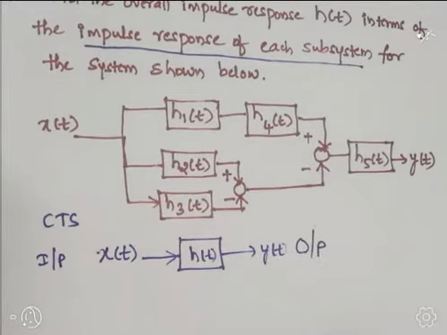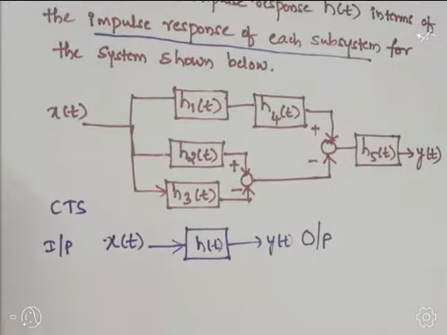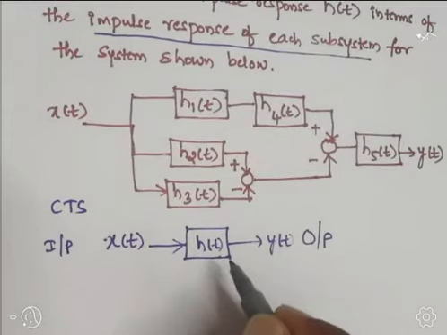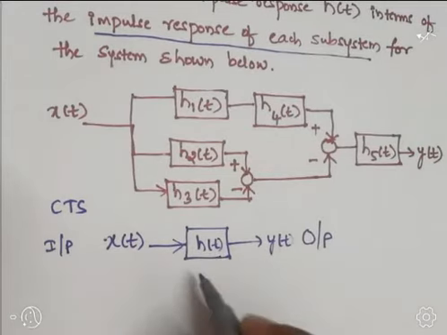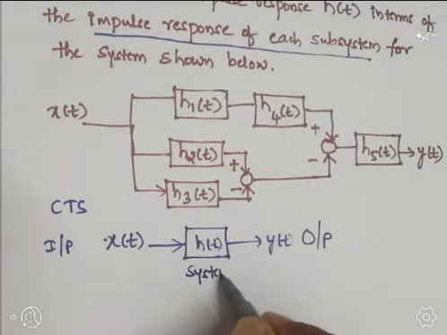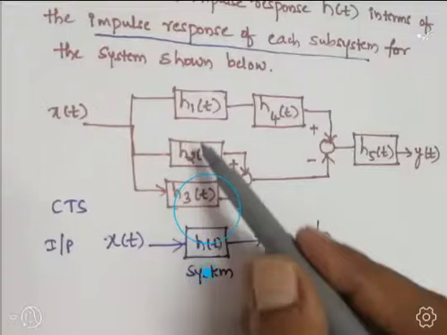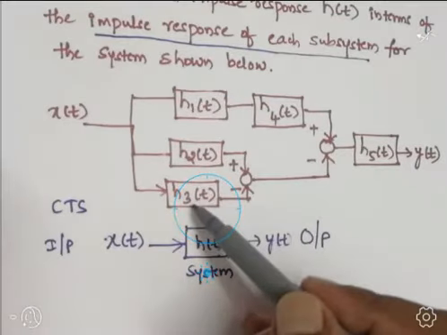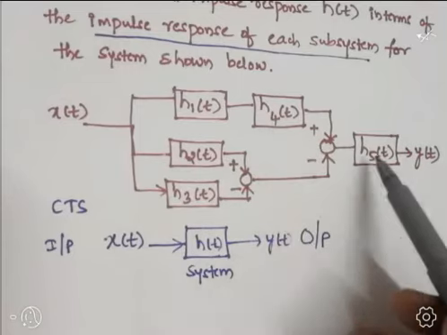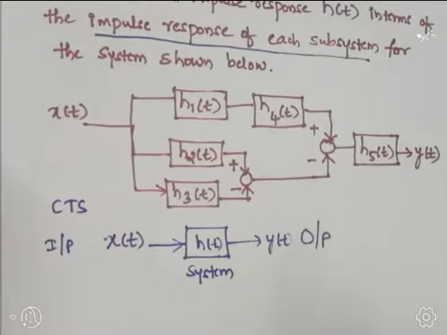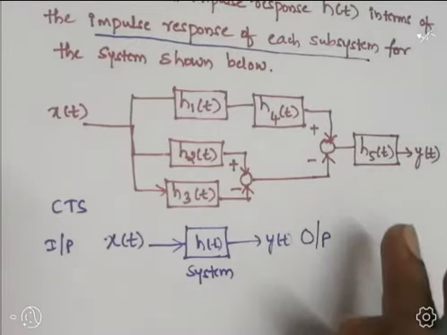This h of t is the impulse response of the whole system, whereas h1 of t, h2 of t, h3 of t, h4 of t, and h5 of t are the impulse responses of each subsystem.